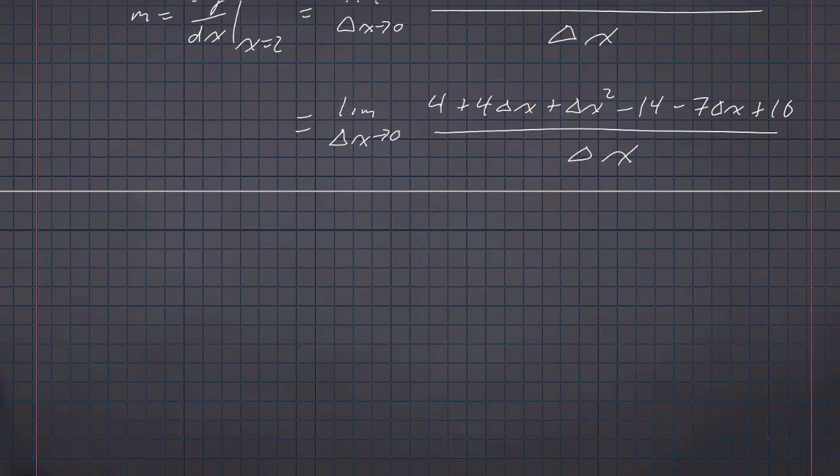Combining some like terms from here, we have delta x squared. We have a 4 delta x and a minus 7 delta x. Together, that's minus 3 delta x. And we have a 4 minus 14 plus 10, which all told is 0.